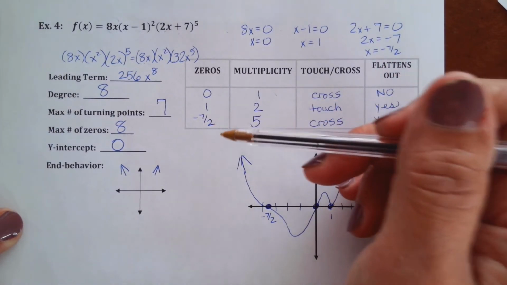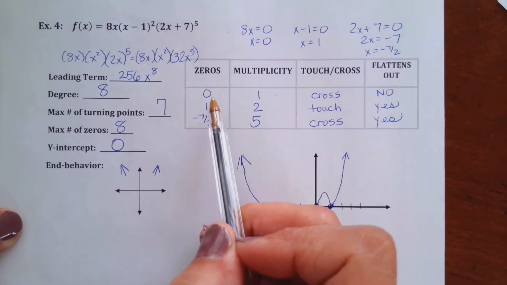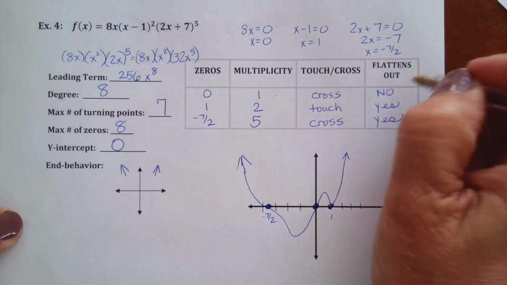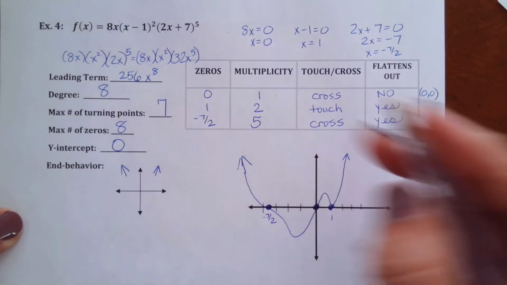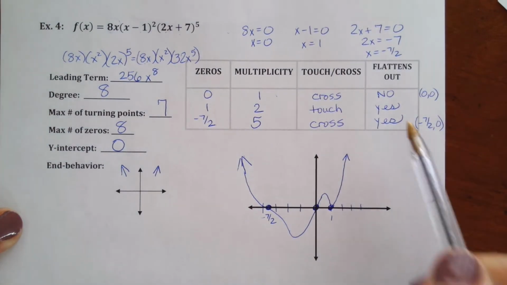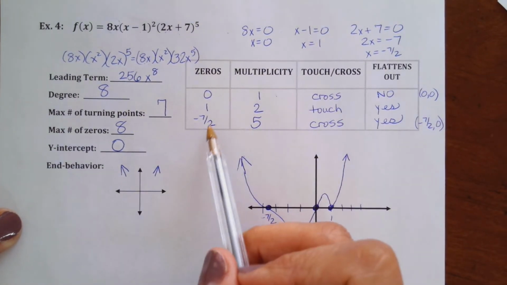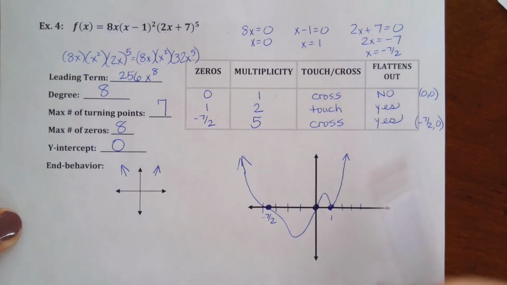And then it's going to ask you for the ordered pairs of those points. So the ordered pair for this 0 would be 0, 0. The ordered pair for this 0 would be negative 7/2, 0. So if they ask you for the ordered pair in Hawks, remember this is the x-coordinate, and then 0 is always the y-coordinate for any of your x-intercepts.